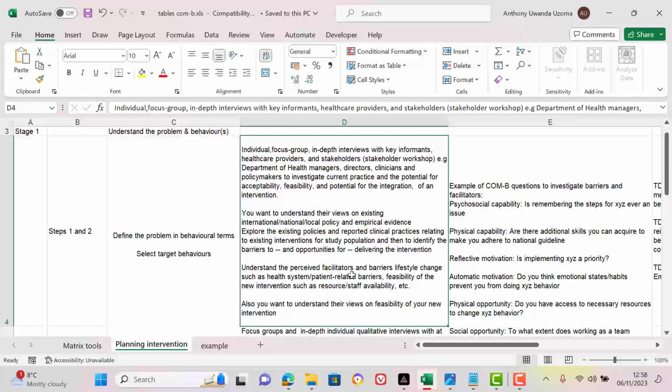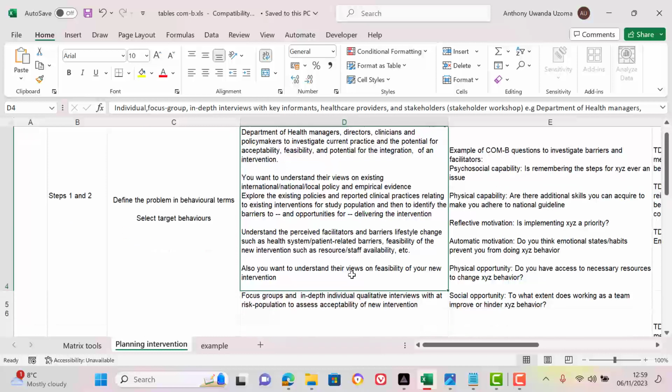Are there any health system barriers, any patient-related barriers? What is the feasibility of the new intervention? Can they integrate it into their existing health structure or other programs? These are the things you get from focus group discussions or in-depth interviews with key stakeholders on the feasibility of your new intervention.